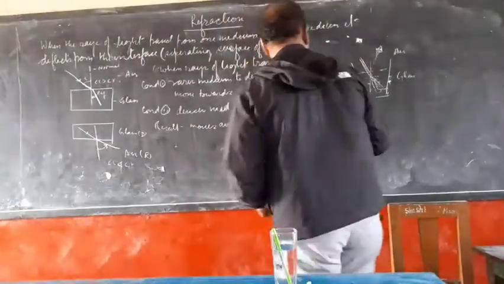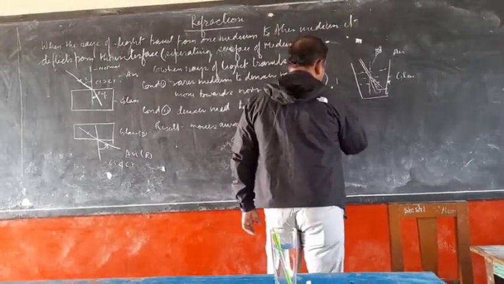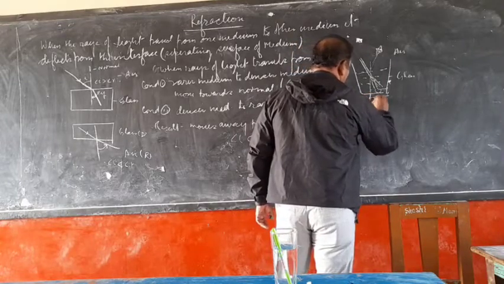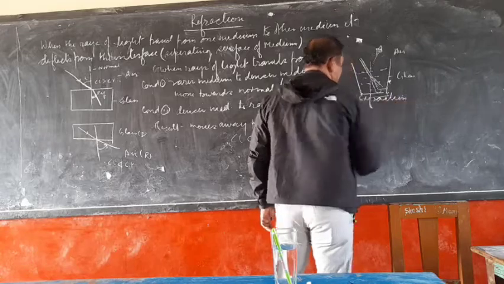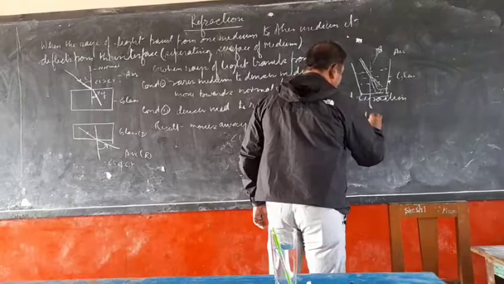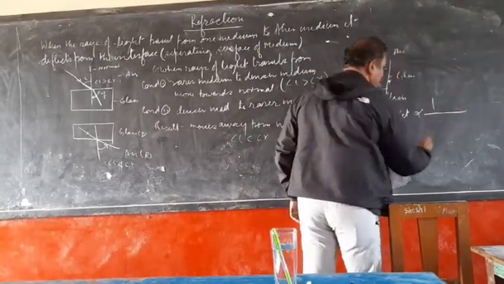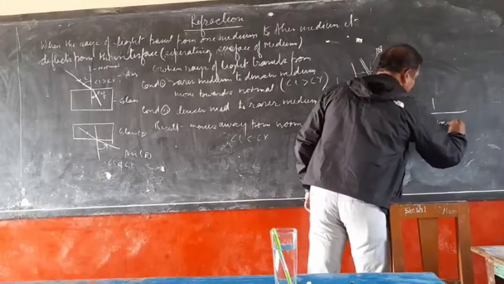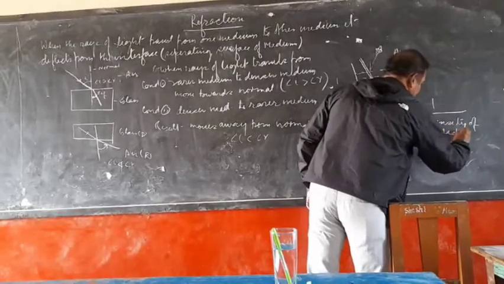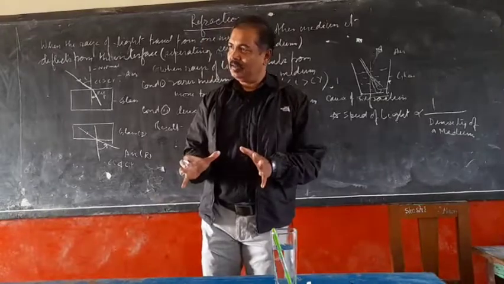So one relation you can write here, the cause of refraction: the speed of light is inversely proportional to the density of a medium. And you have to explain this one. और उसको आप explain कर दीजिएगा.